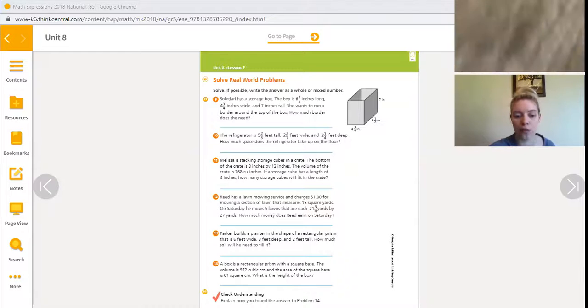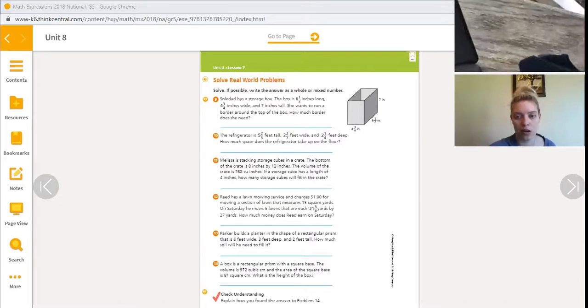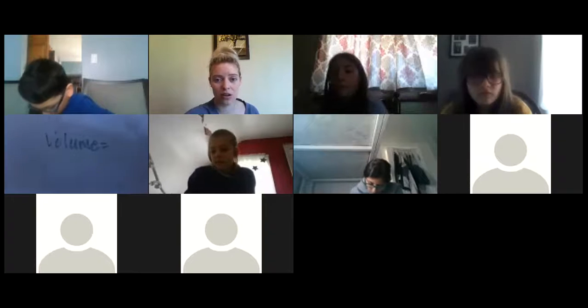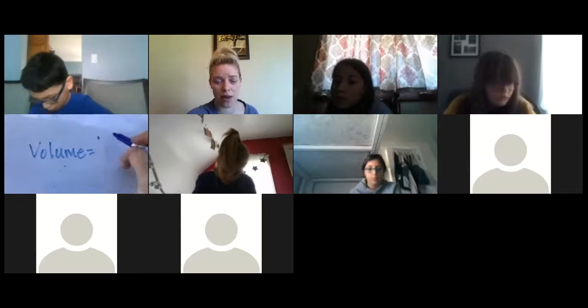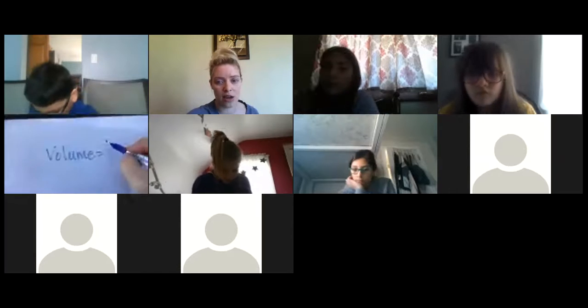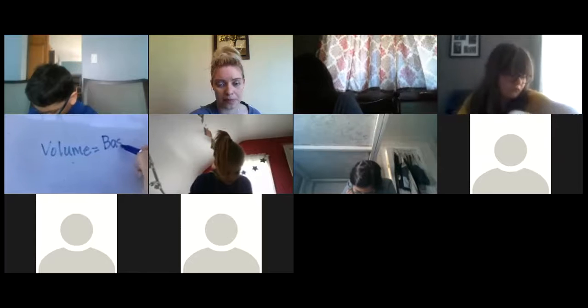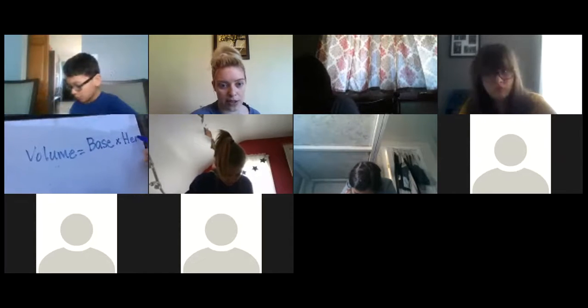So which volume formula are we going to be using for this one? We're not going to be using length times width times height for this one. What volume formula are we going to be using if we're given the volume and we're given the area? I know a couple of you have it written down in your notes.